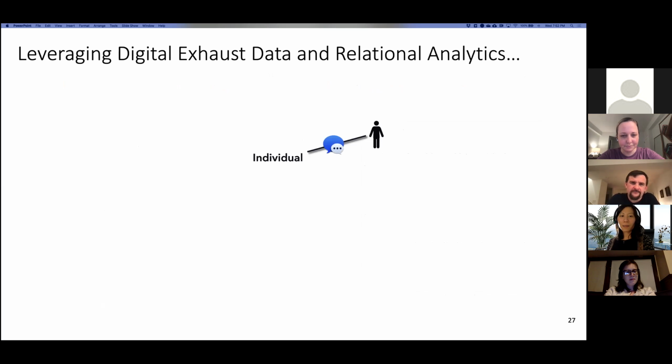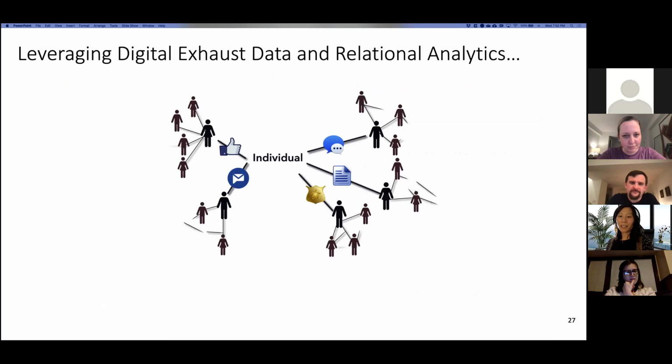Yeah, so I talked about this a little bit already, but this is really getting at the fact that there's a lot of different ways to collect data on people.